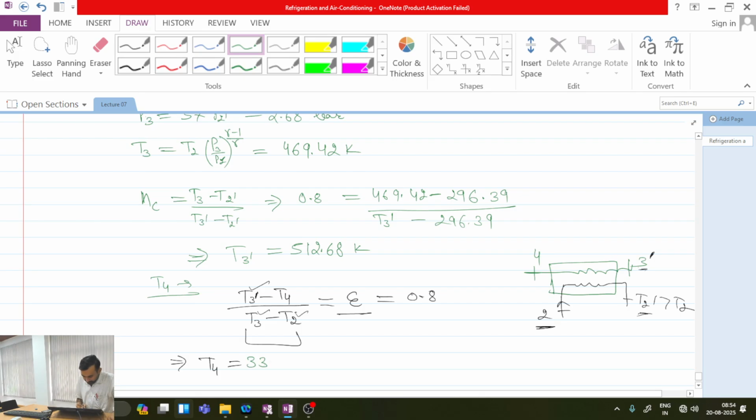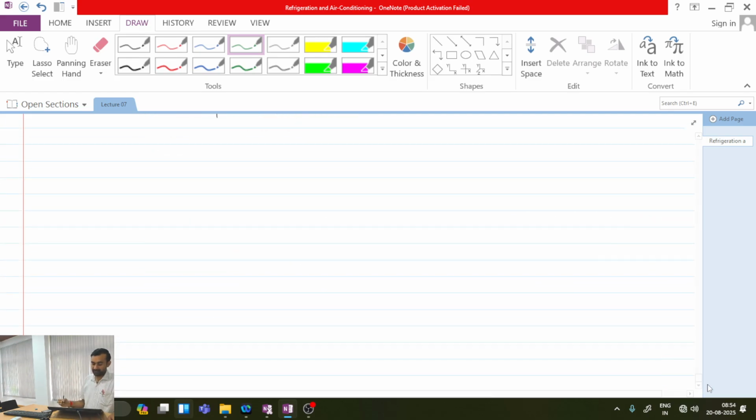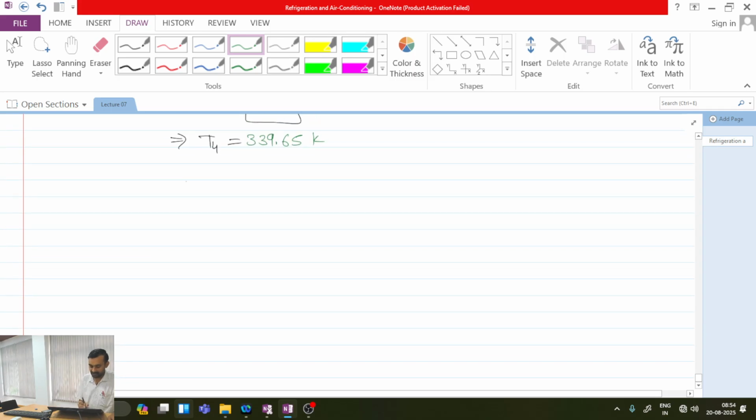T4 is 339.65 Kelvin. Then what else? Pressure. What will be the pressure at point 4?